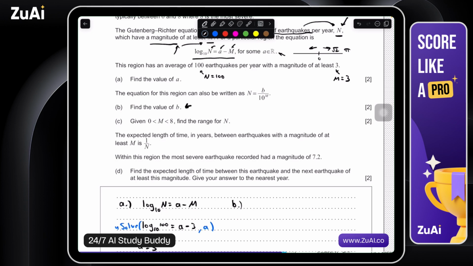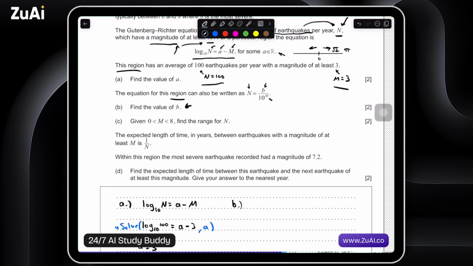So this is still for this given region, this unidentified region. And we know that n is equal to 100 and m is equal to 3. So once again, n, m, and b, 3 variables we don't know, but we do know n and m. We know 2 out of the 3. So again, we can solve in this case.